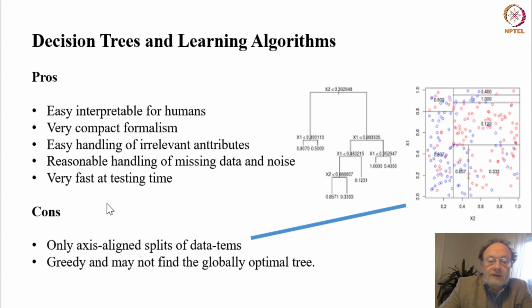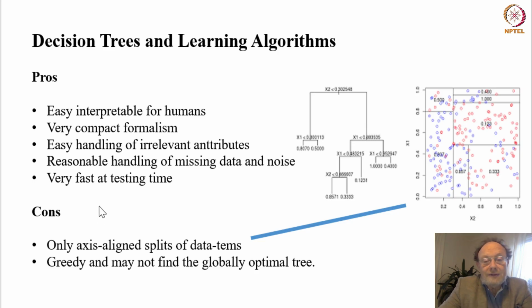Of course, there are some restrictions. So one thing is actually that the only way a decision tree can split the data items is by following the axis of the feature space. So the divisions of the feature space are actually rectangles that follow the dimensions of the feature space.